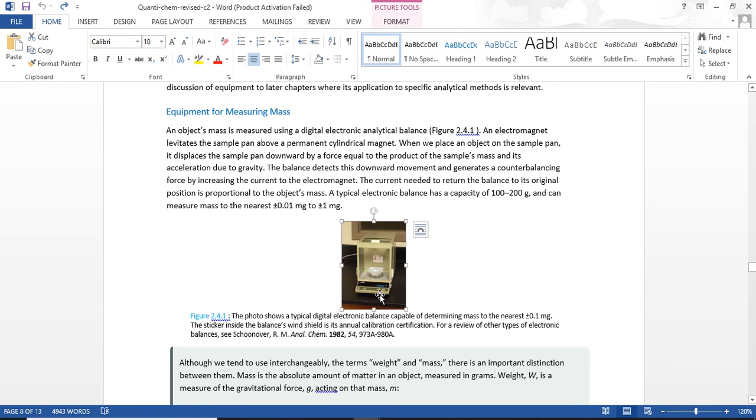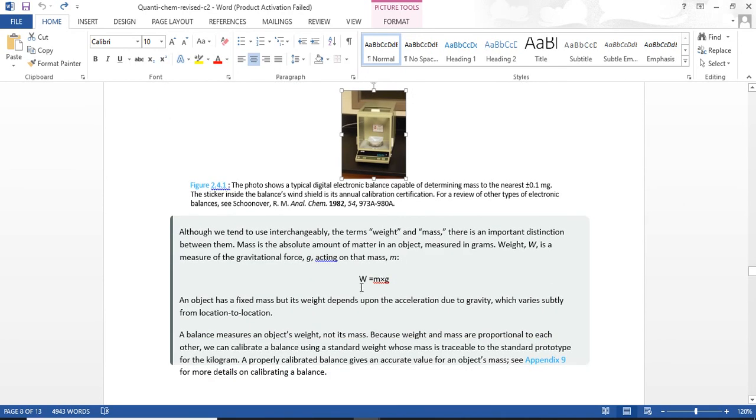Although we tend to use the terms weight and mass interchangeably, there is an important distinction between mass and weight. Okay, mass is the absolute amount of matter in an object, measured in grams. However, class, your weight is the measurement of the gravitational force acting on your mass. Therefore, for example, when you weigh yourself, it is not only your mass but also the gravity affecting your body.